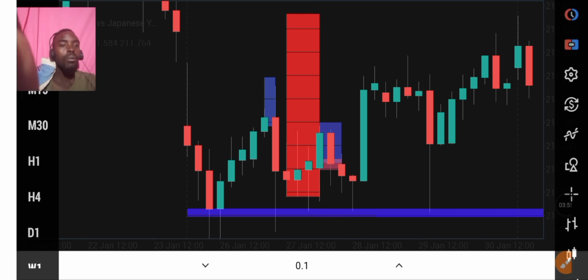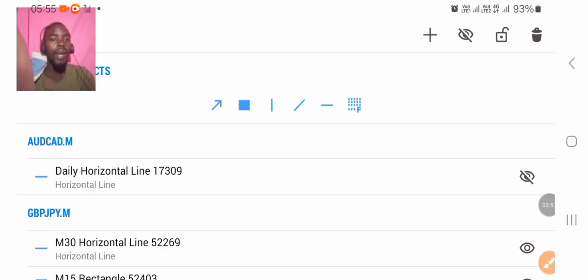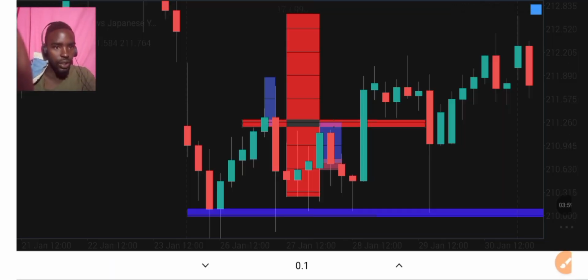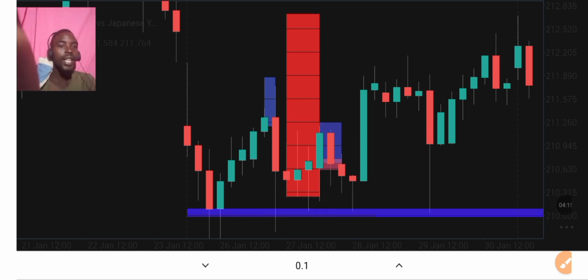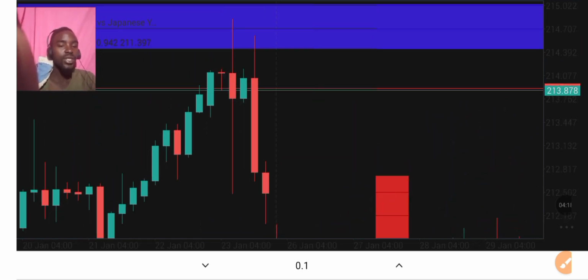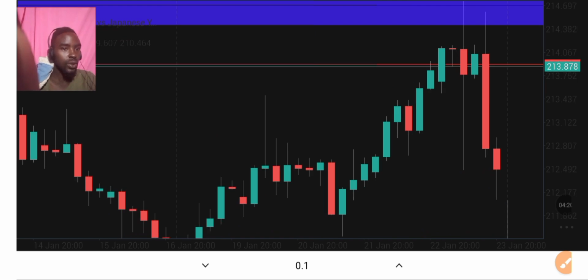You need to do your markup and know the market will react at this point. You can see the market reacted and it came and it may stop you out. You need a very clean move where you shouldn't target. See, the market reacted. It is respecting this support here. So that is not a clean zone to trade in, guys.